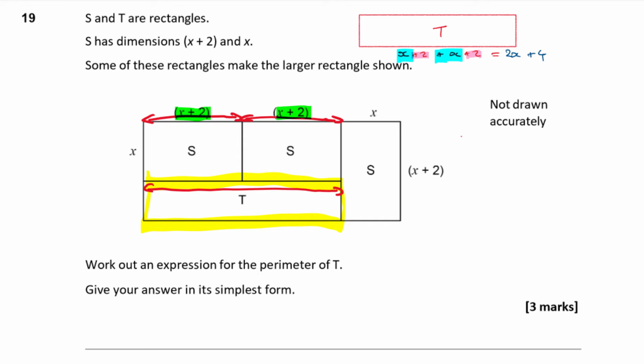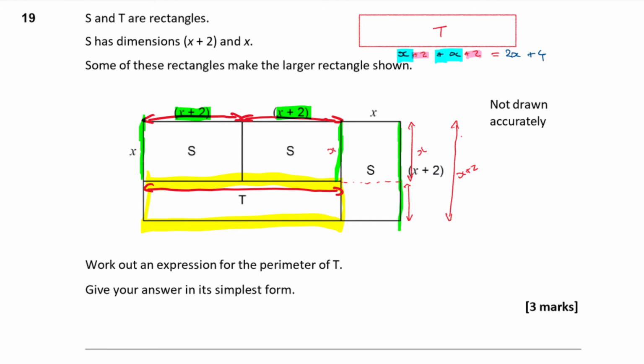Okay, now what about the other side? Now I know that this side of S is x, isn't it? That's x. And the long side of S is x plus 2. So if this is x and this is x plus 2, then that part of it from there to there is going to be the difference between x plus 2 and x.